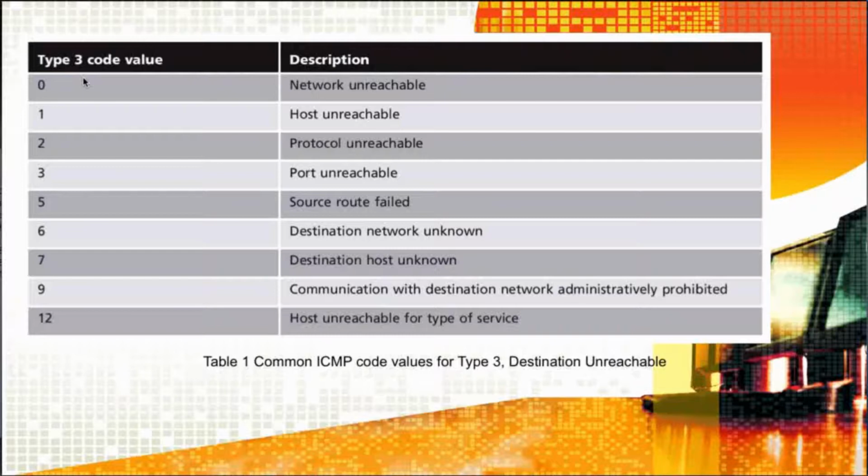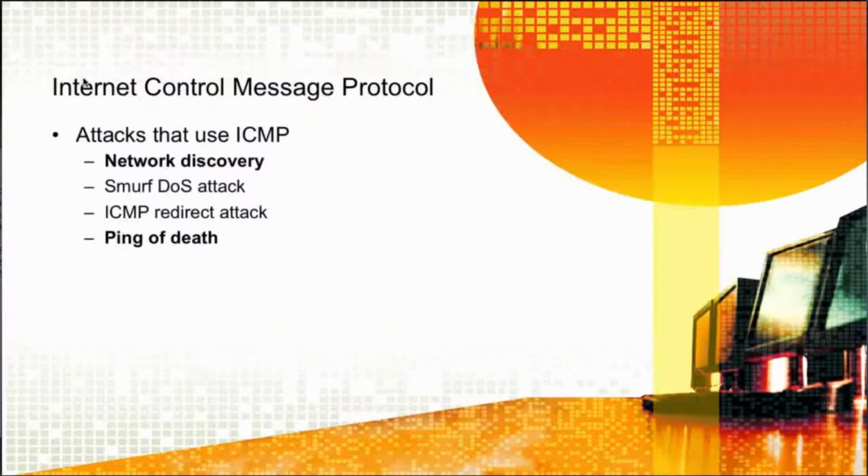The different codes that you can receive using ICMP are 0, network unreachable, through 12, host unreachable for type of service. It's less important for you to know individually each one of these types of codes. Just be familiar with the concept of the ICMP codes.